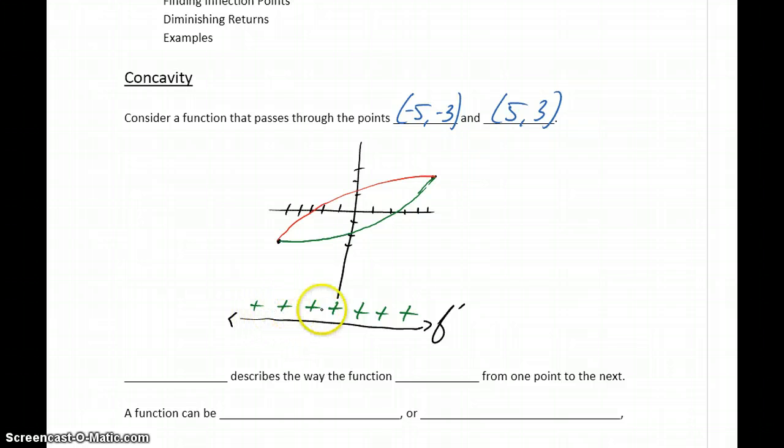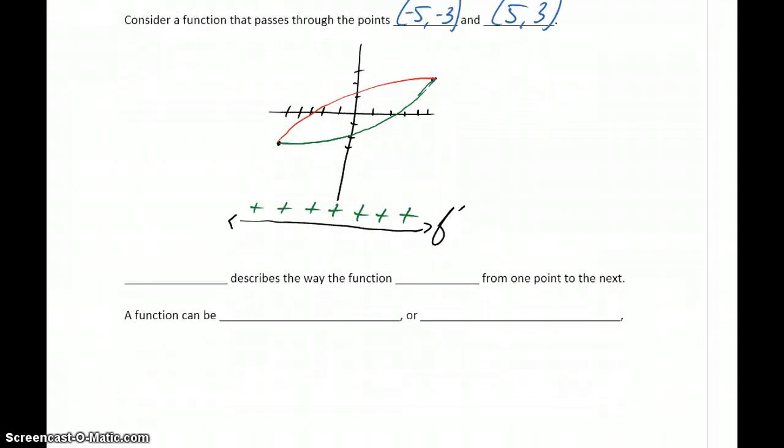So just knowing that our function is increasing isn't enough to know, does our function curve upward? Does it curve downward? Essentially, what path or what type of direction does it head to get from one point to the next? So increasing, decreasing is part of the question that we need to understand in terms of understanding the behavior of our graph.